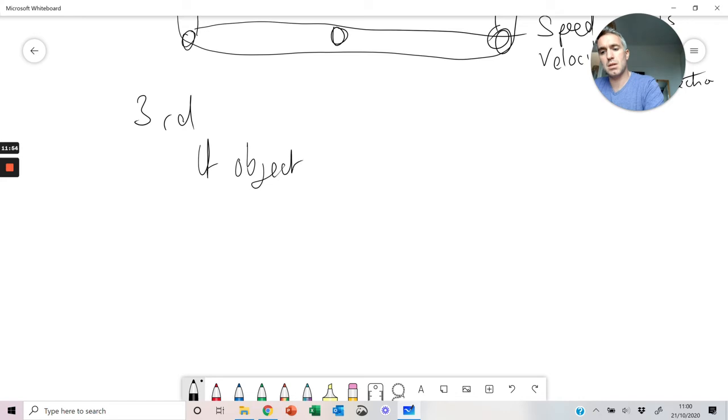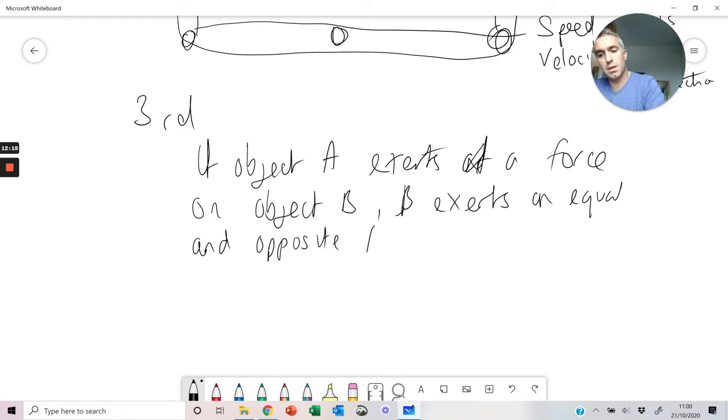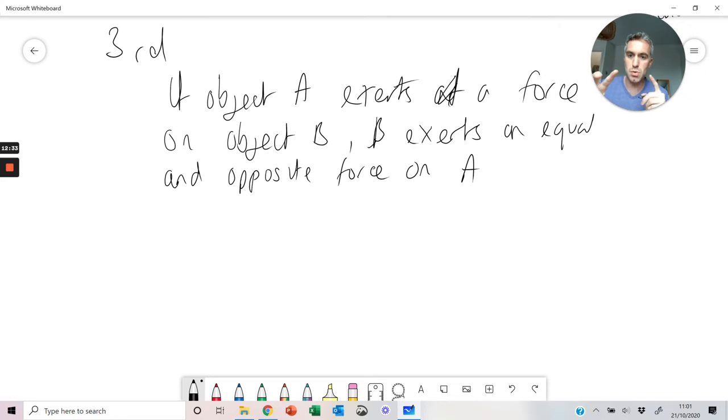If object A exerts a force on object B, B exerts an equal and opposite force on A. Newton's third law is all about two different forces. So the forces have to be the same type.